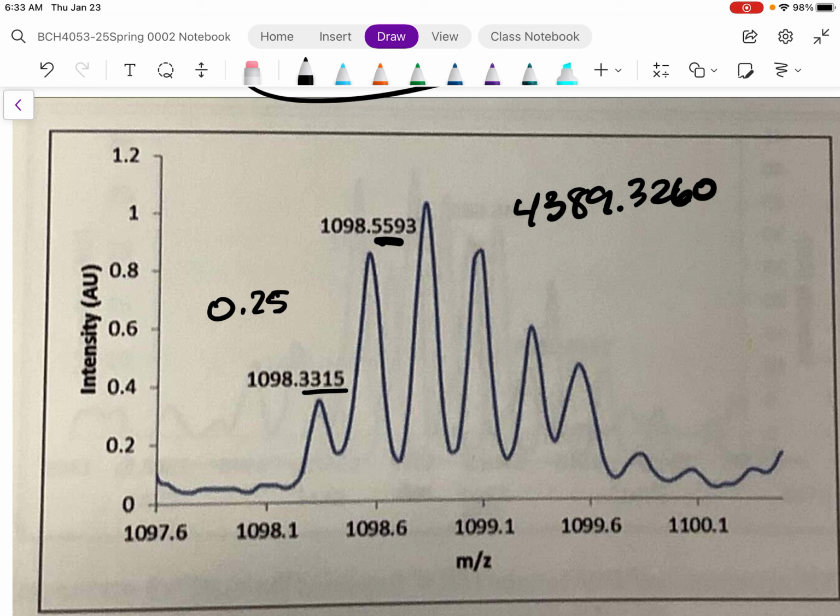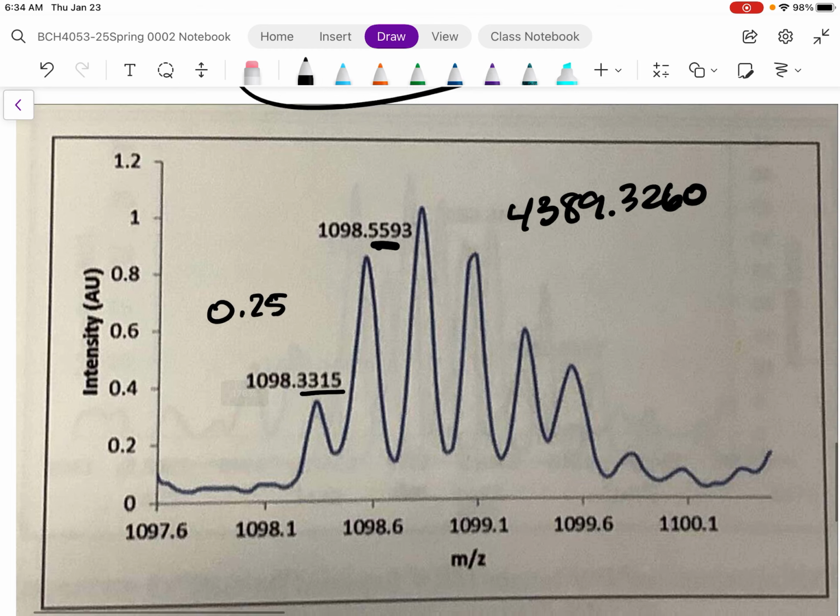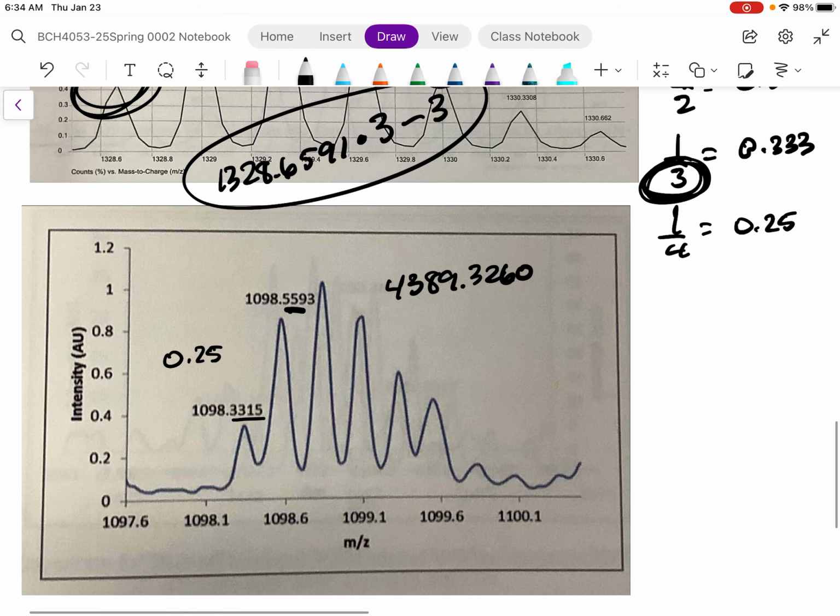So you can't just truncate it wherever you want. The mass spec is accurate up to the third decimal, and then you see the significant digits there. Is it 5? Yeah.